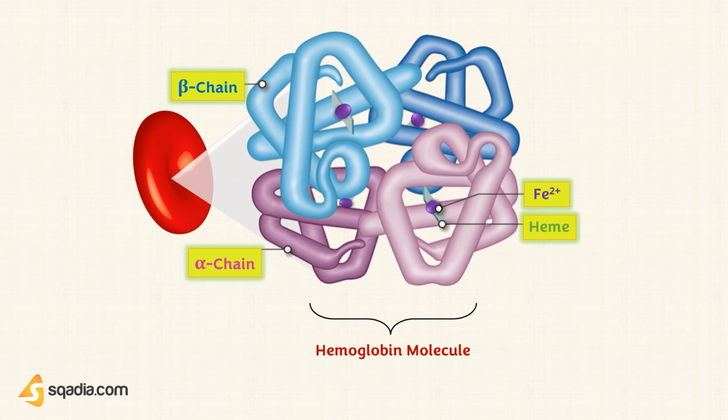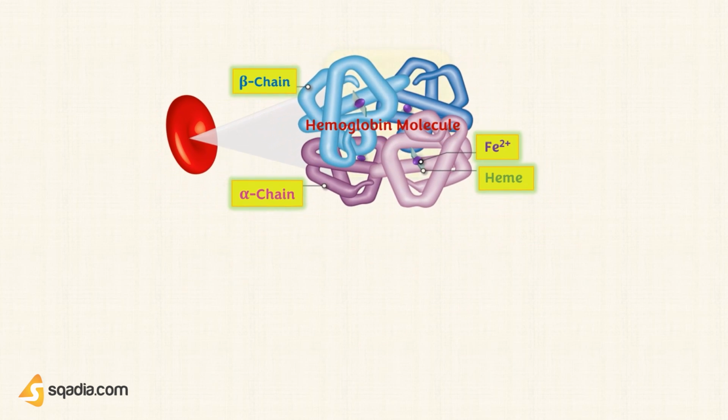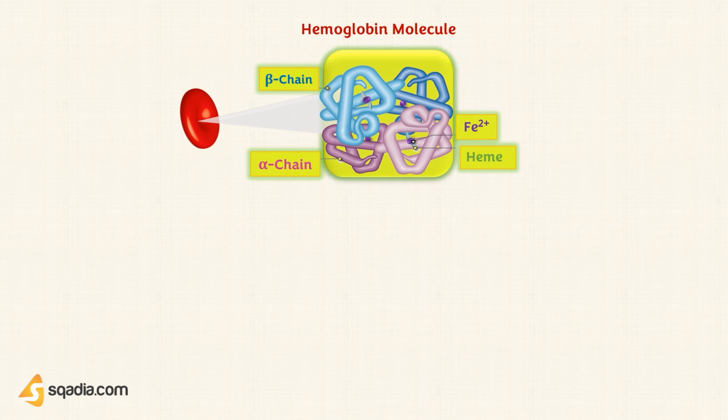RBCs don't have nucleus and possess a smaller number of organelles to accommodate more hemoglobin. Breakdown and recycling of RBC components is on the shoulders of liver. Hemolysis of RBCs starts with Kupffer cells, which are specialized phagocytic agents of liver and break down hemoglobin into heme group and globin.